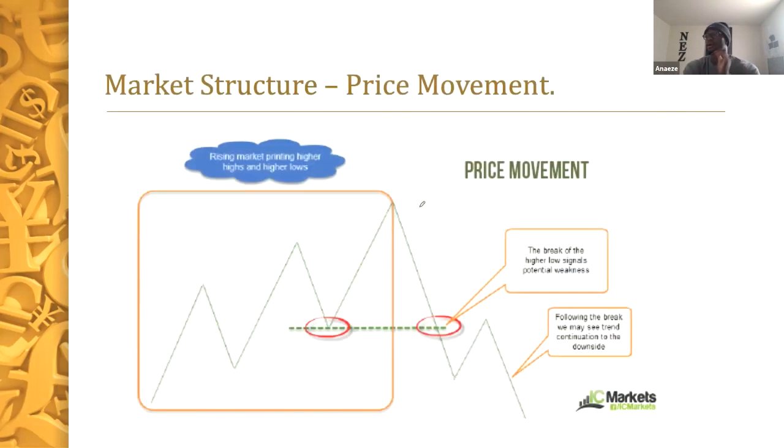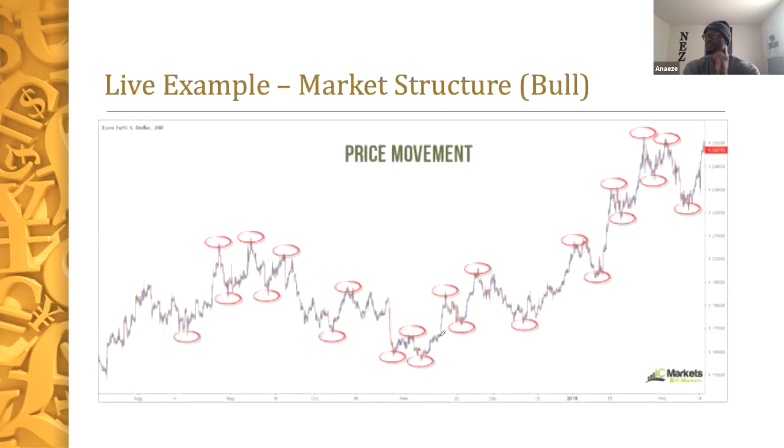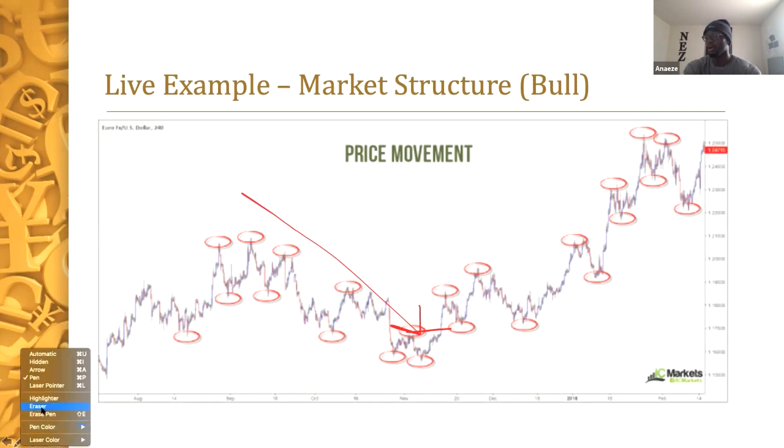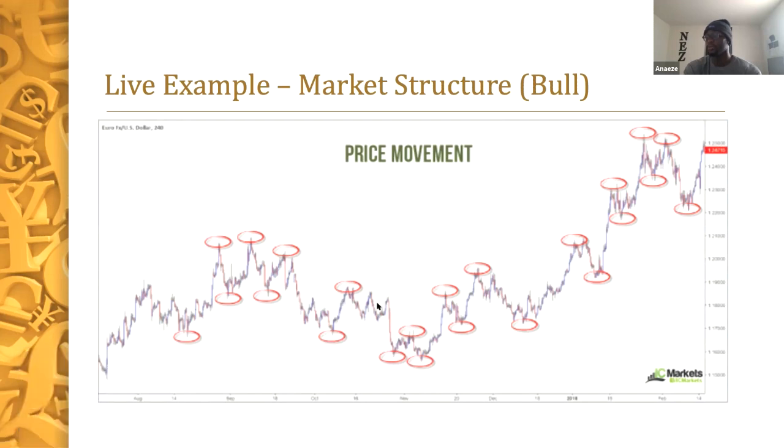All right, and the last question we're going to have here is, why did price become bullish when it was bearish? It was bearish this way, right? But why did price become bullish from here? You see this last low.